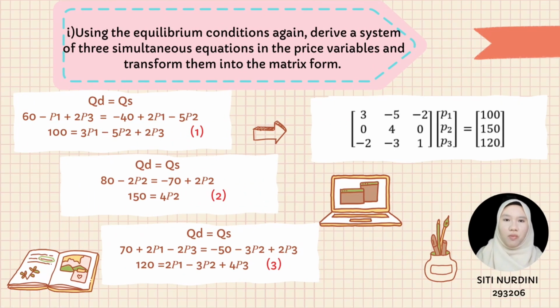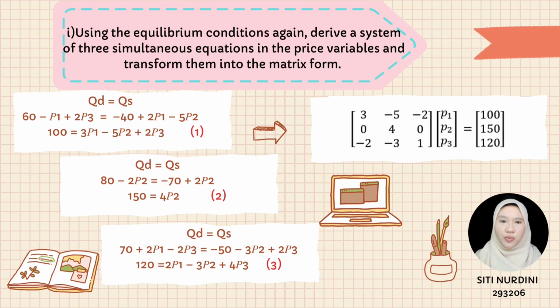And question B1: using the equilibrium condition again, derive a system of three simultaneous equations in the three price variables and transform them into matrix form. First, we should balance the quantity demand QD and the quantity supply QS for each of the three goods. For good 1, we get 100 equal to 3P1 minus 5P2 plus 2P3 for equation 1.